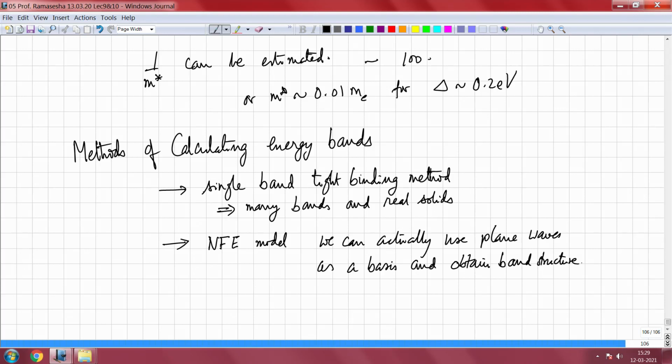Only problem with that one is these plane waves are extremely poor representation of the atomic wave functions. When you are using a plane wave basis and setting up the Hamiltonian matrix in the plane wave basis, you will see that the number of plane waves you need is thousands and thousands to get good energy values, and even then the convergence is only really good for a few low energy states and not for the high energy states.